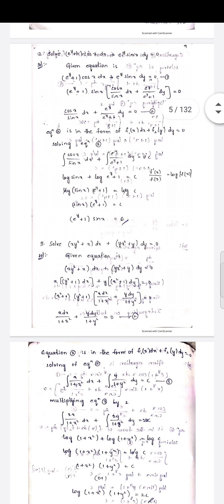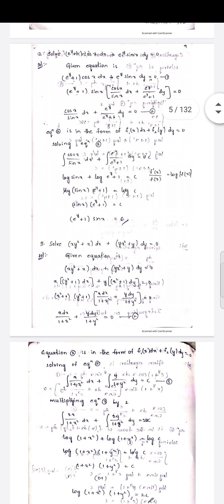Using the formula, integration of f dash of x by f of x is equal to log of mod f of x, we get log of (1 plus x square) plus log of (1 plus y square) is equal to log of c.